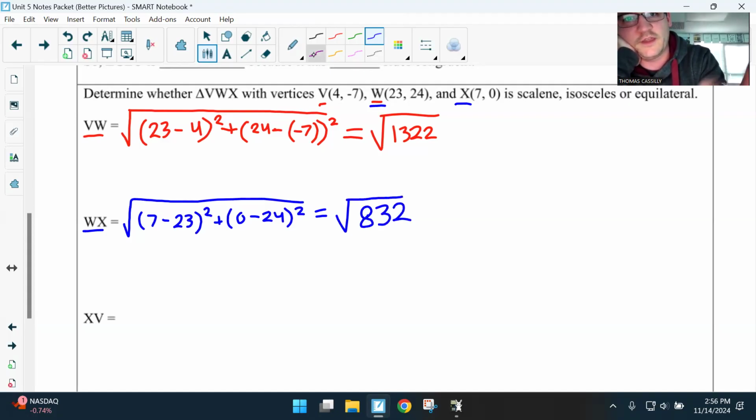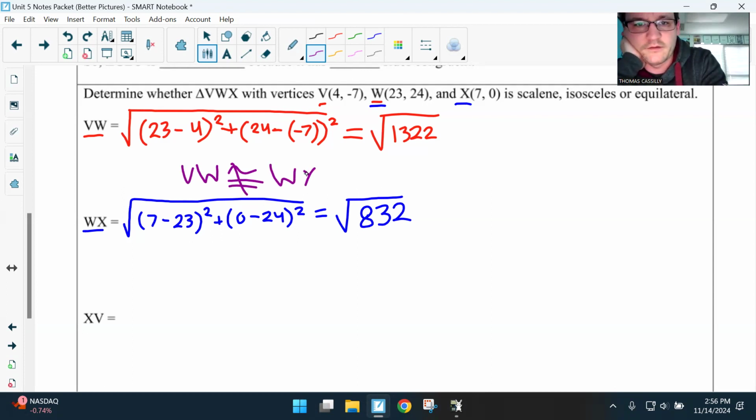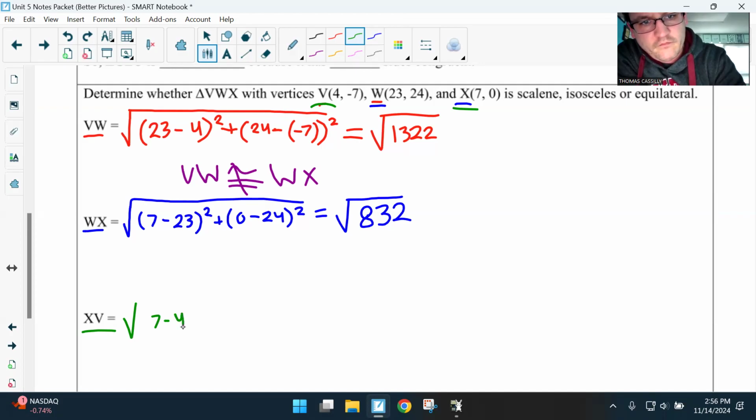All right, so just looking at that, we know VW is not congruent to WX. All right. One more. We have point X and V, so I'm going to use point X and point V. So we have the square root of 7 minus 4 squared, and then 0 minus -7.